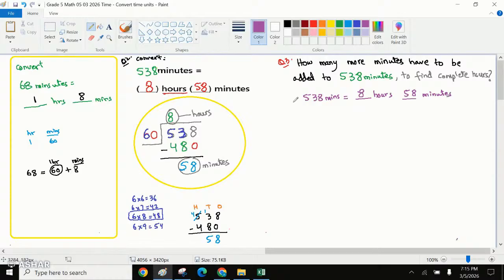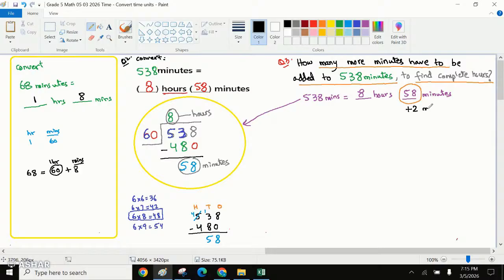We did this working already over here. I'm just relating to the question. They are asking us how many more minutes are to be added to this to find a complete hour. To make 58 minutes as one complete hour, how many more minutes should we add to this?